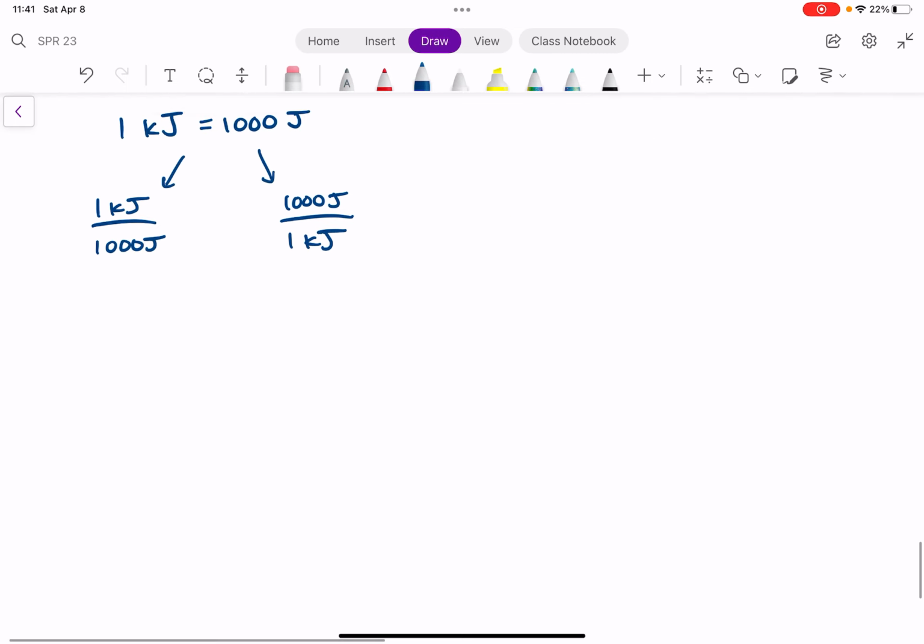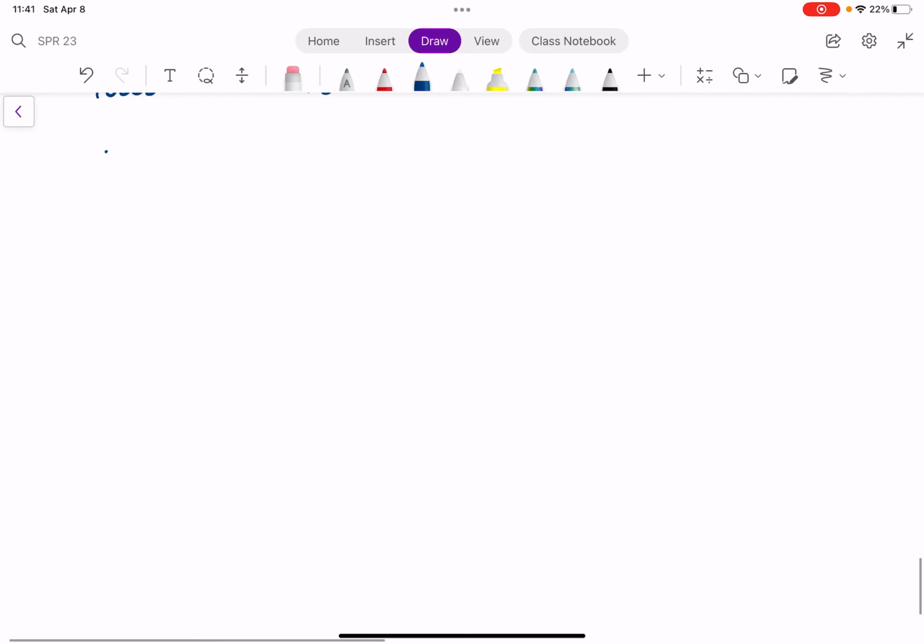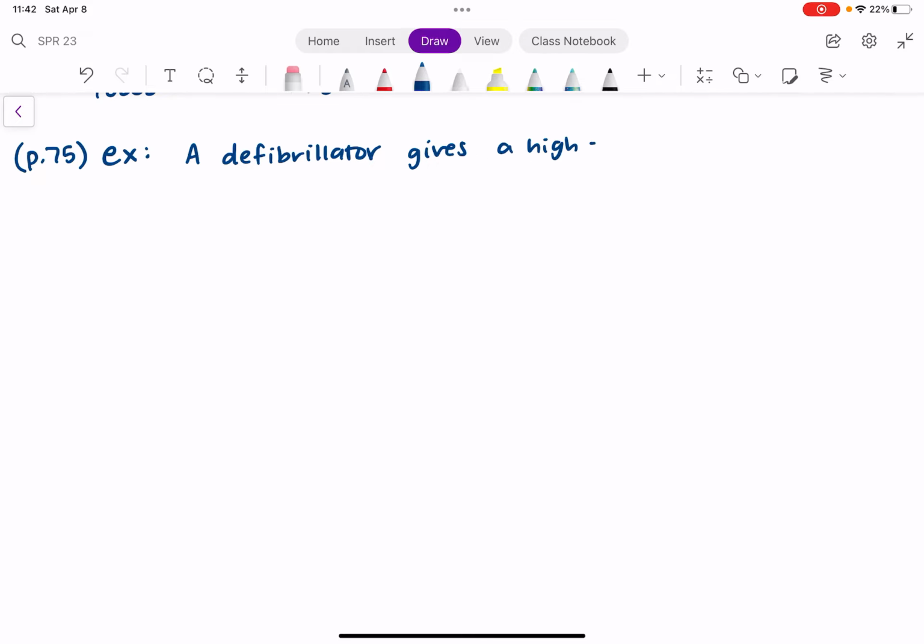Okay, so let's just try one real quick example, how to use these in equations. I'm looking at the example in your book, which is on page 75. Let's write that down for you. A defibrillator gives a high energy shock of 360 joules.